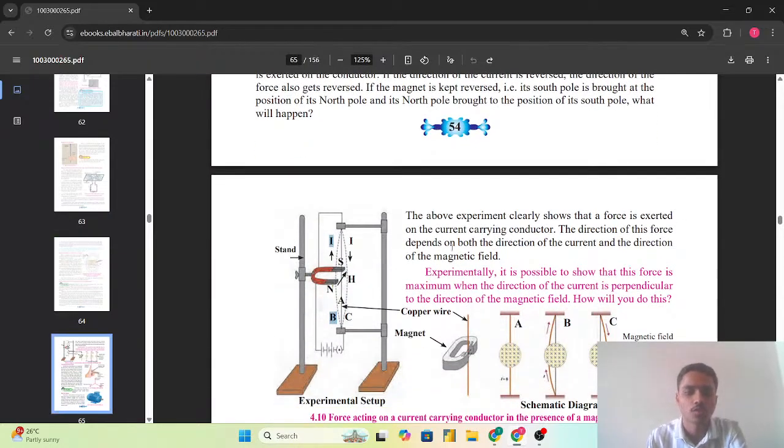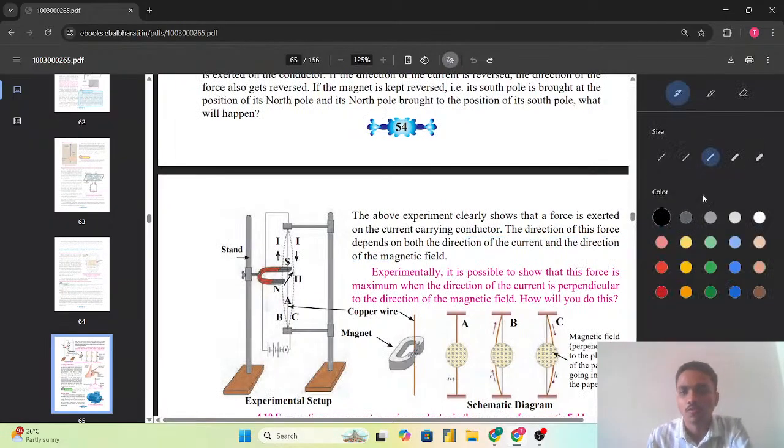The direction of this force depends on both the direction of the current as well as the direction of the magnetic field. So from this we can state that the force acting on the straight current carrying conductor will be directly proportional to the current which is flowing through that conductor, and also depends on the magnetic field which is generated here.